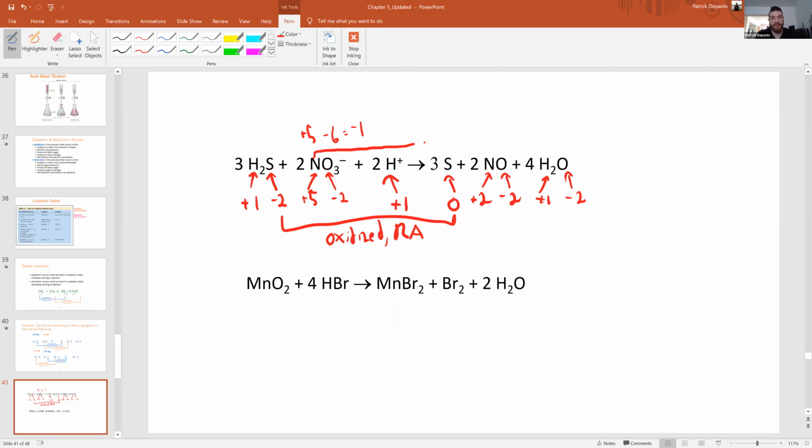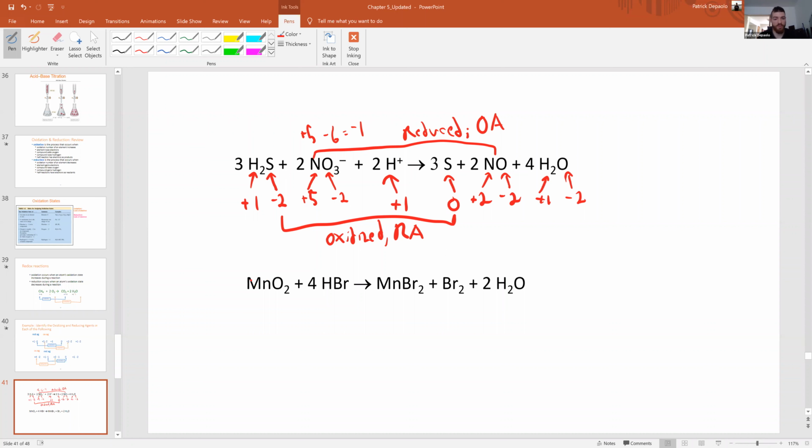So it went down, so it is reduced, which means it is the oxidizing agent. Good. Any questions on that one? That's it. So assign the states, determine the changes, and then assign the definitions: either reduced and oxidizing agent, or oxidized and reducing agent.